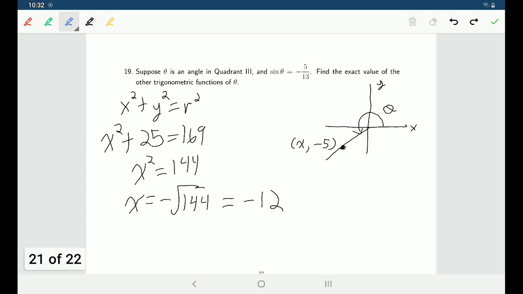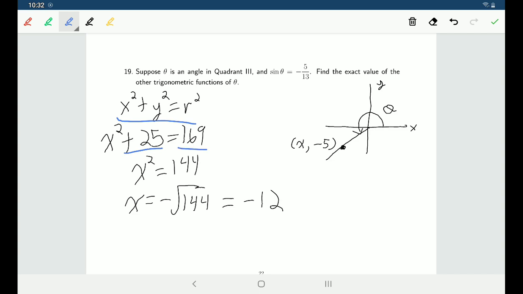Also, in quadrant 3, x values are negative and y values are negative as well. That's your other thing to think about as to why y is negative 5. Now, we just need to find the x value for that coordinate. And so we again use the fact that x squared plus y squared equals r squared. Putting in the negative 5 and squaring it, you get positive 25.